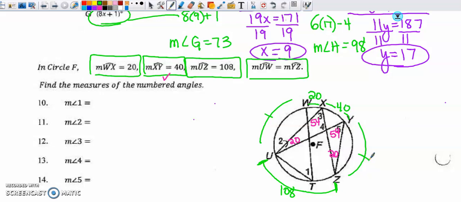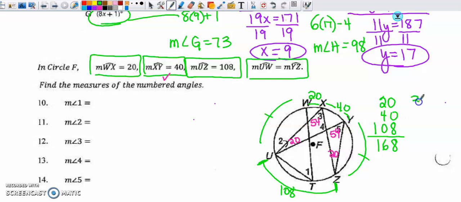Well, there's a way to know what those two arcs are. In a circle, there are 360 degrees. And currently, we know we have a 20-degree arc, a 40-degree arc, and a 108-degree arc. So if I add those up, that gives me 168.